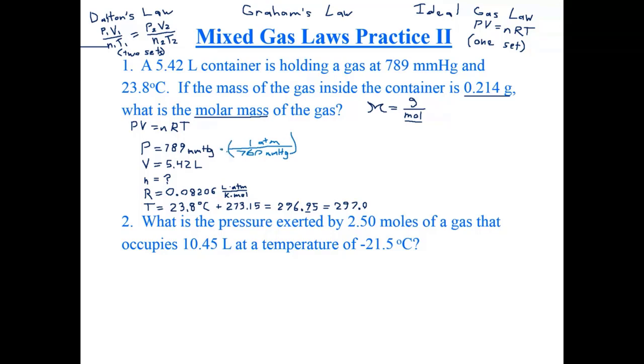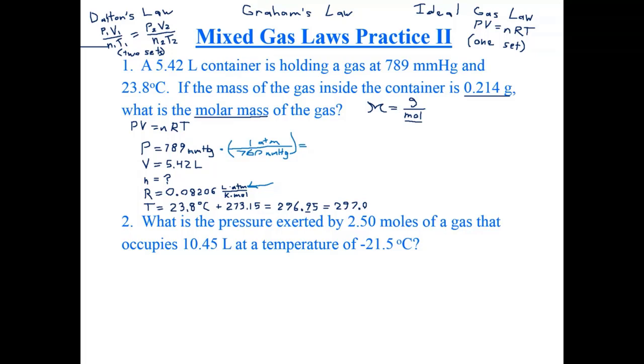Just a real quick question. So we're converting millimeters of mercury to atmospheres because we're using the ideal gas law? Because we're using the ideal gas constant, the R. The pressure unit in the ideal gas constant has to match the pressure unit you have here.